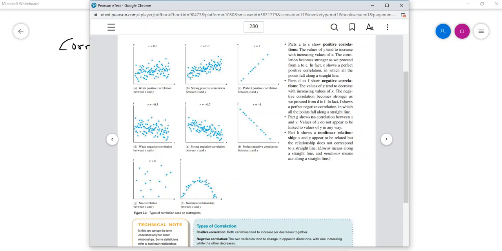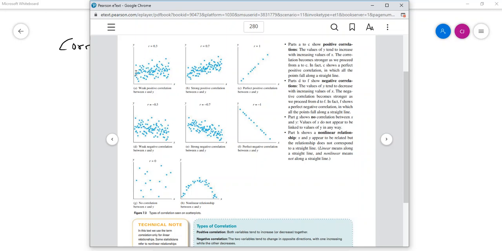The difference here is that as x increases, y does not always increase. For example, here's a point right here. When I go to the right, it comes down. So it's decreasing. From this point to this point, the line's going down between those two. But in general, for the most part, as x increases, y is increasing.